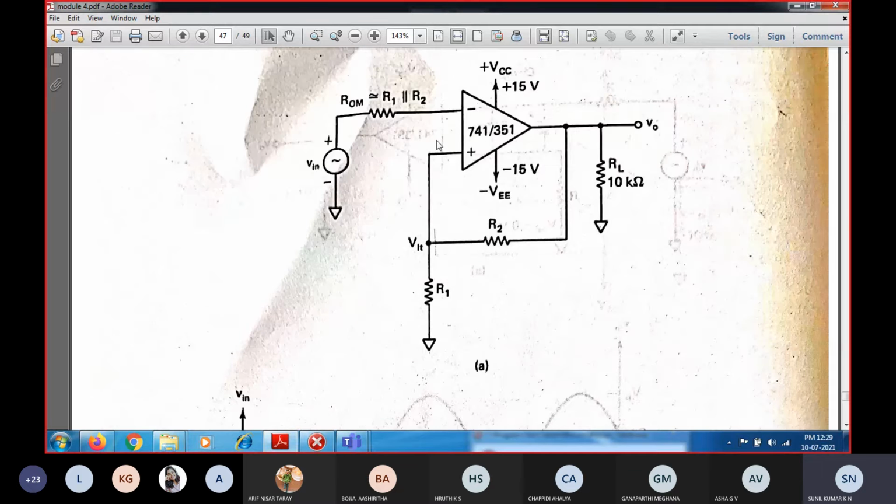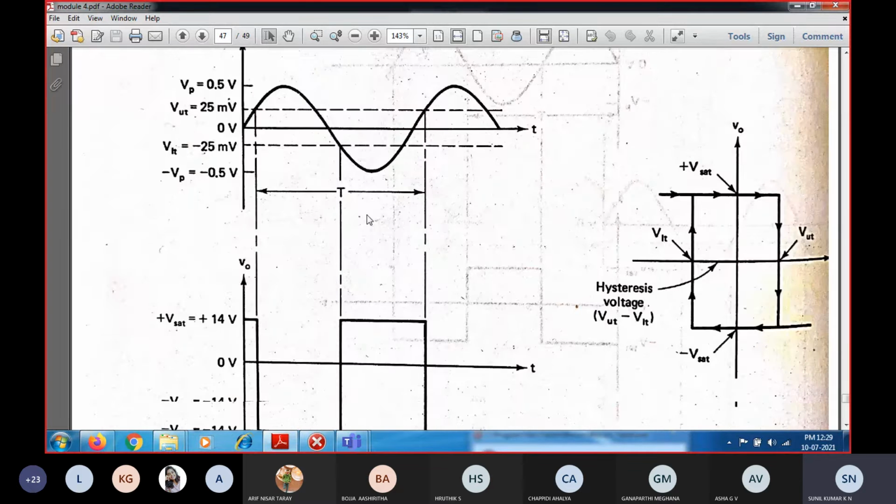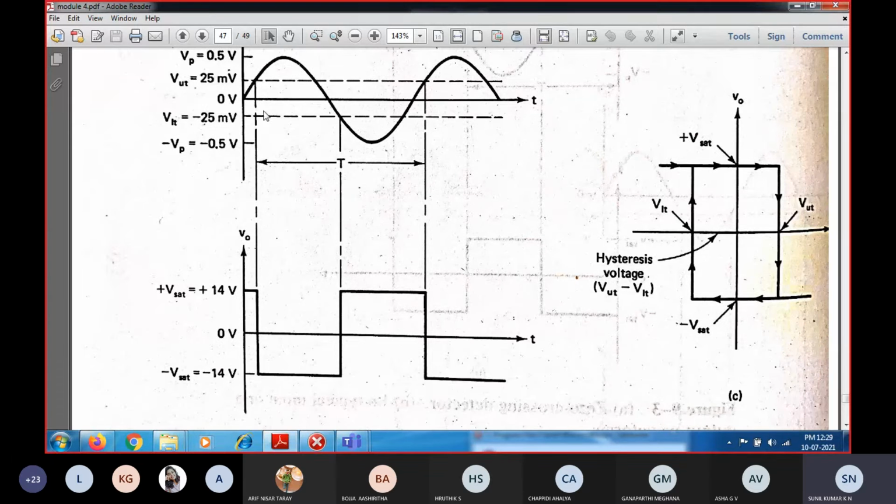So until it goes beyond minus 7, the output will be negatively saturated. The output will be saturated in the negative direction until the input exceeds this minus 7 volts. Whenever it exceeds minus 7 volts, then only the output will switch from negative to positive saturation.